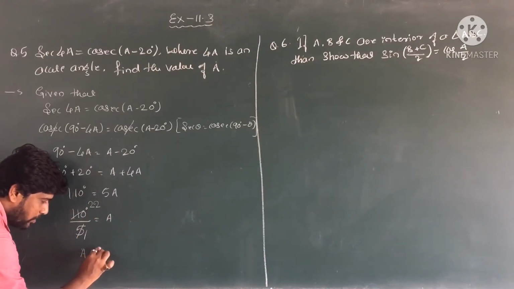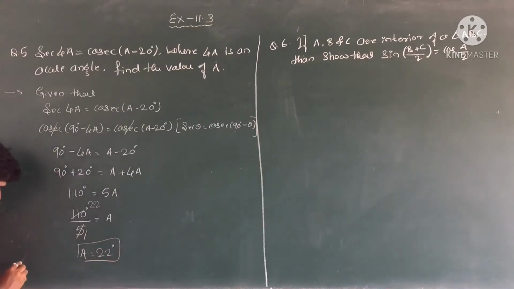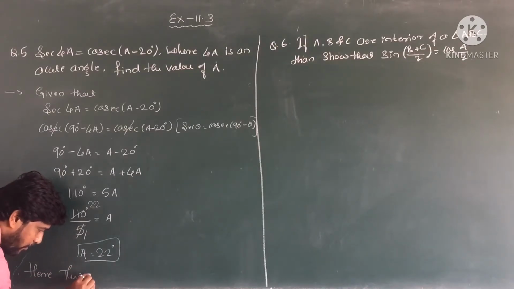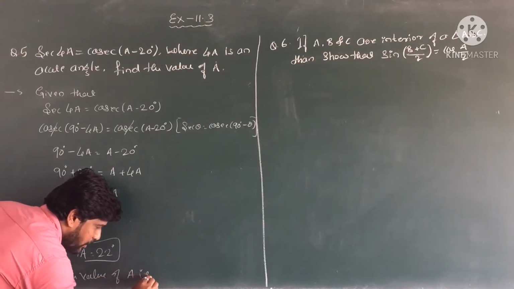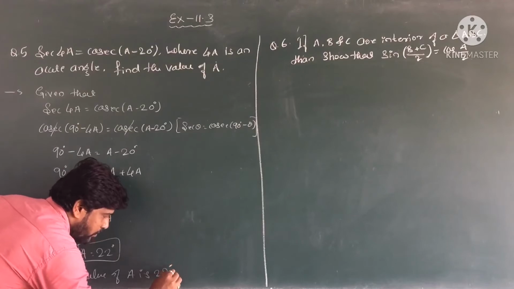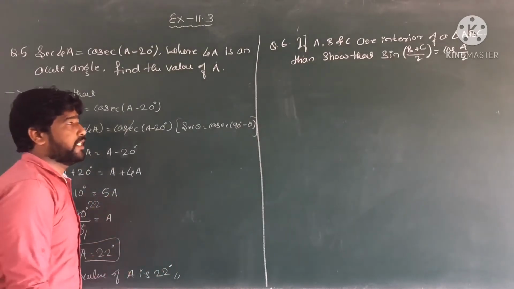So here a is equal to 22 degree. So therefore write down: hence the value of a is 22 degree. Is it clear? So next, the sixth one.